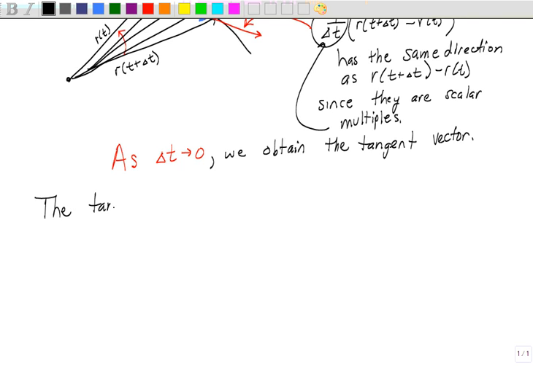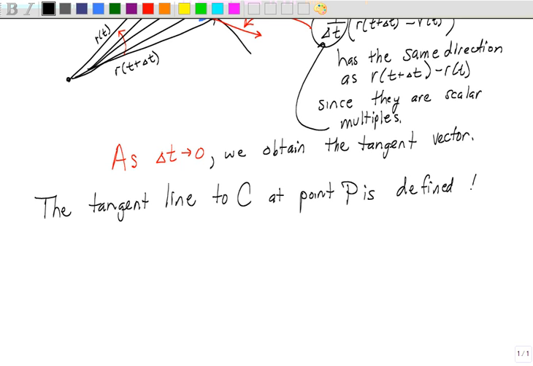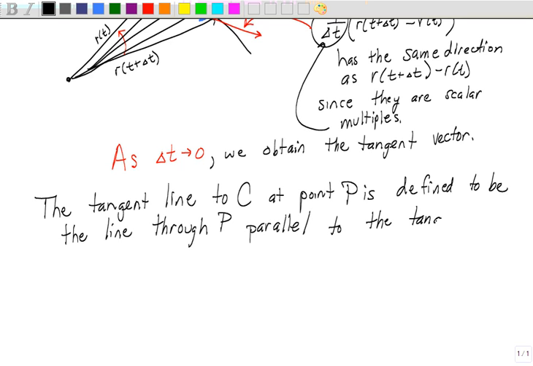So the tangent line to a curve C at point P is defined to be the line through P parallel to the tangent vector r prime of t.